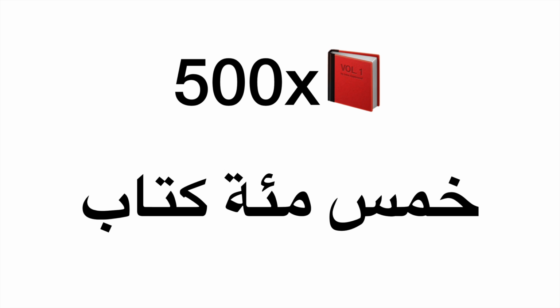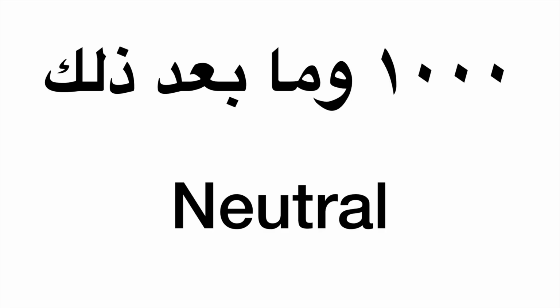Okay, 100 is female, so 5 here is male. To explain this further, 5 here isn't associated with 100, like it's not 105, it's 500, so it's counting the hundreds, not the books.